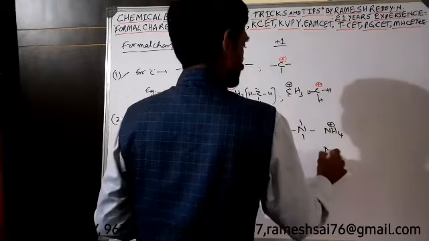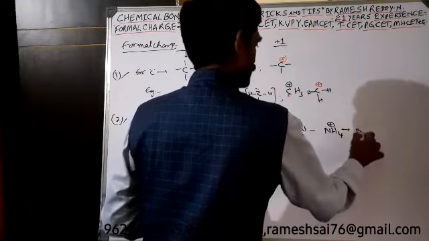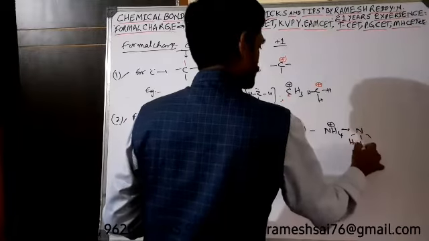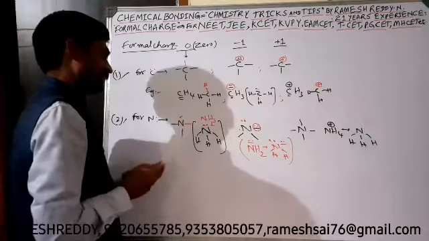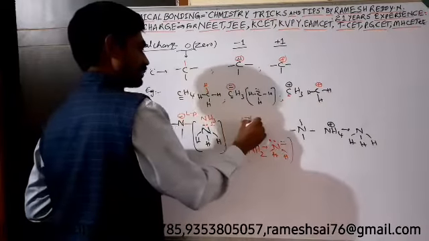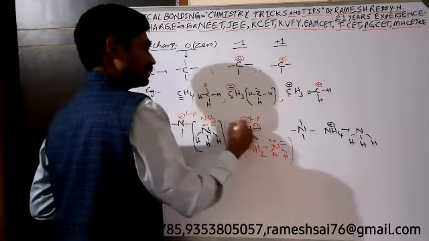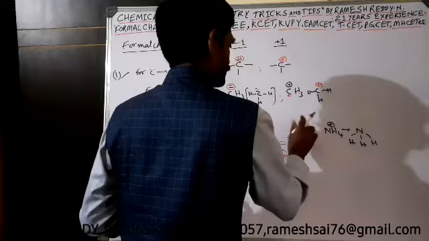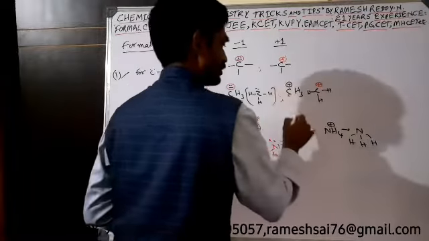We represent the central atom nitrogen, and it has four covalent bonds, and this lone pair is there, right? This lone pair of electrons is utilized in bond formation as a coordinate bond.